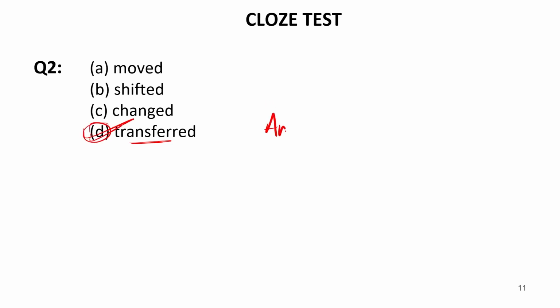Your answer should be D, because though all these words depict the same meaning, yet moved means he has already gone to that particular place, like in Delhi. Shifted also means the same, that he already has changed the place. Changed is already changed the place.